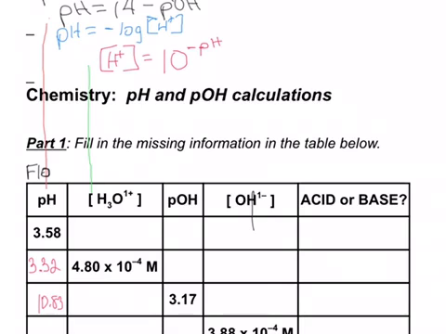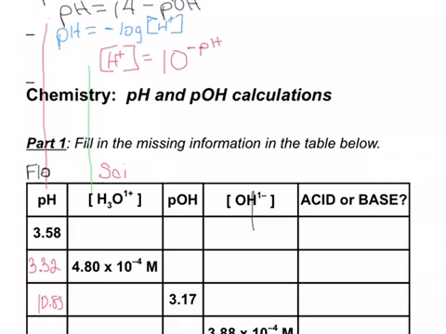In order to do this calculation, you need to be in scientific. You need to be in Sci. So go second DRG, scroll over to Sci, press enter. This is the only formula to calculate for concentration.